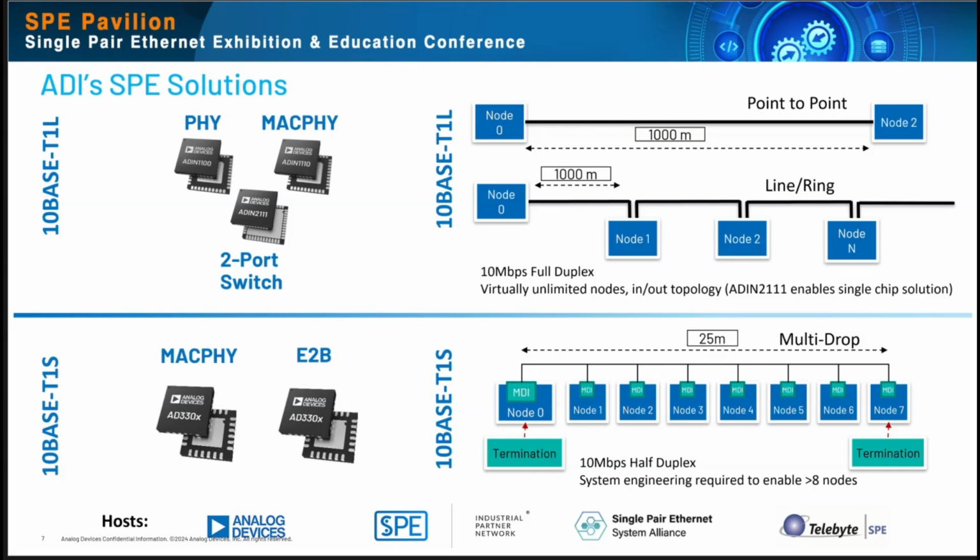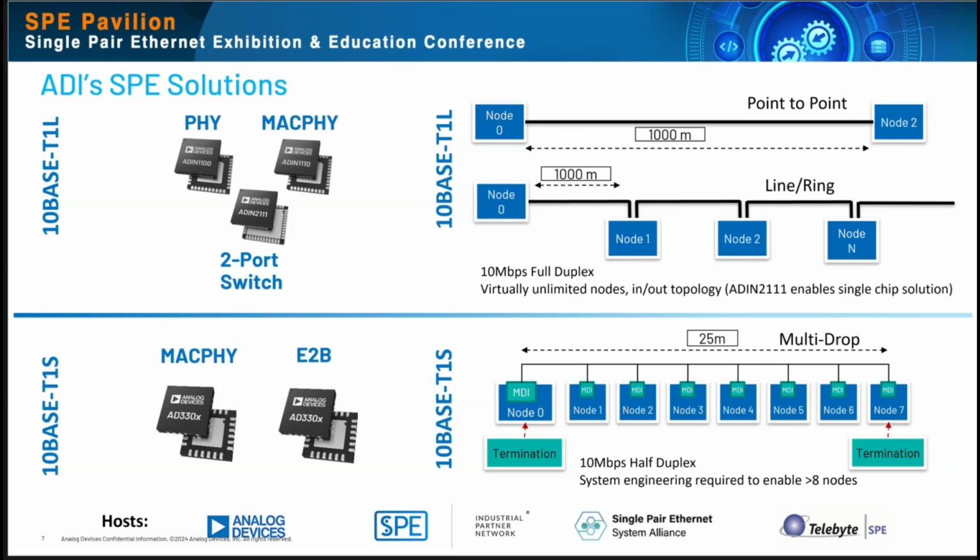I think oftentimes people think of 10BASE-T1L as being point-to-point solutions. And they are often unaware that you can actually create daisy chains, lines, and arrays using 10BASE-T1L technology as well, which can enable some very unique use cases we can talk about in the upcoming discussion here.